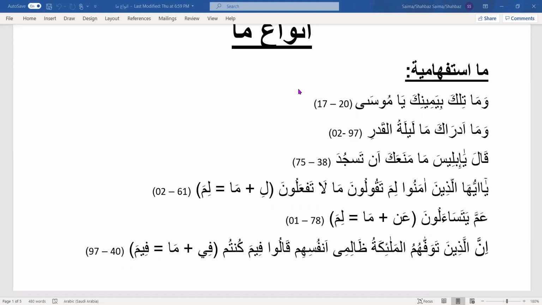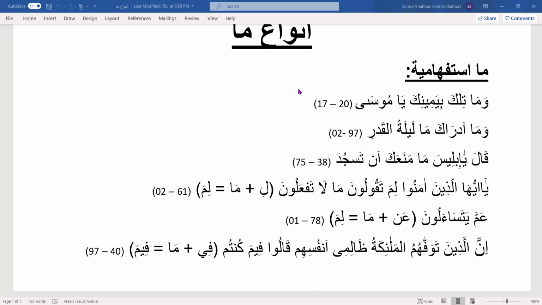Anyone? What is your name? Ma ismuka. What is your name? So I asked a question. And the ma used in this question at the beginning, ma ismuka, that ma is ma istifhamiyah, because that ma is used to ask a question.